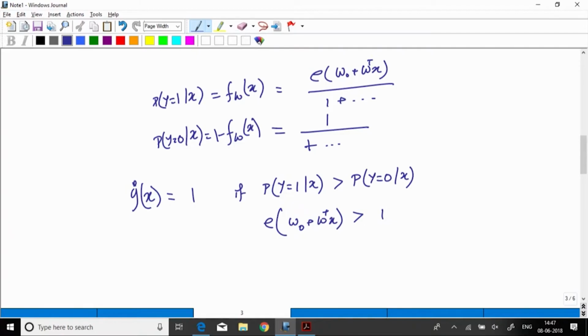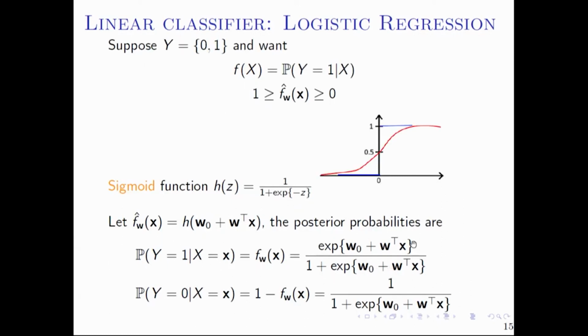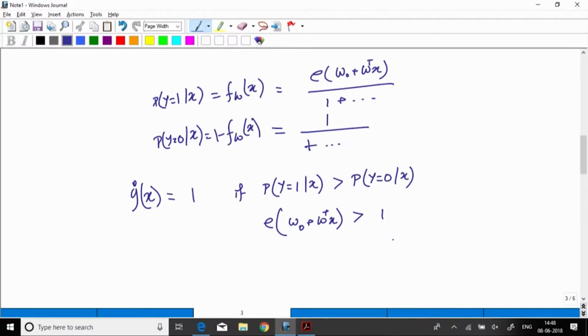Do you remember how this was? You can write that w0 plus w transpose x is greater than 0, because this is e to the power 0, right? So we take the log on both sides and we'll get this. You can also put an equality here.